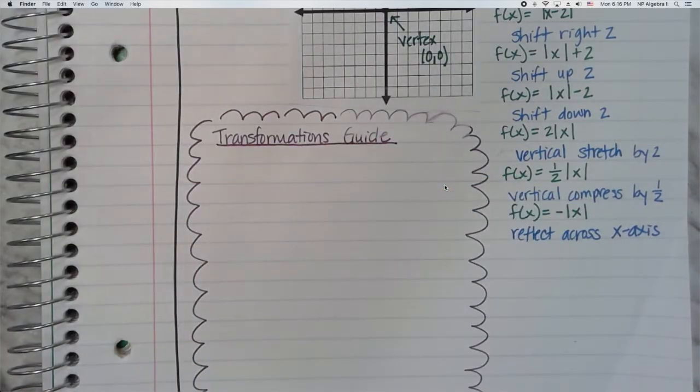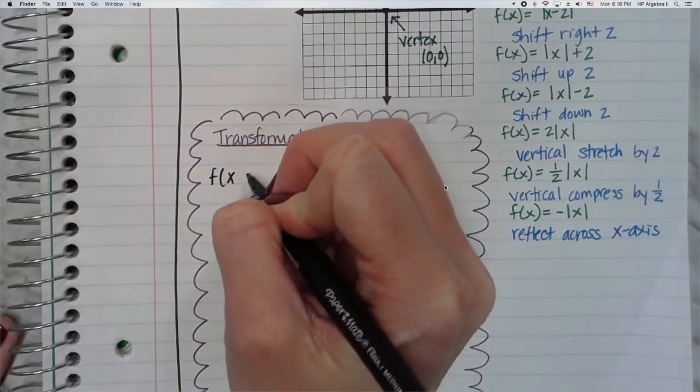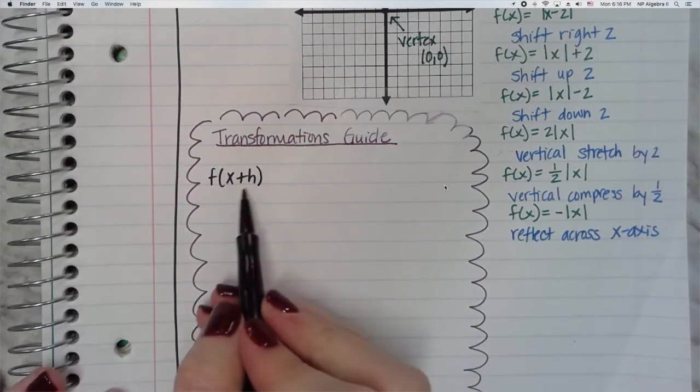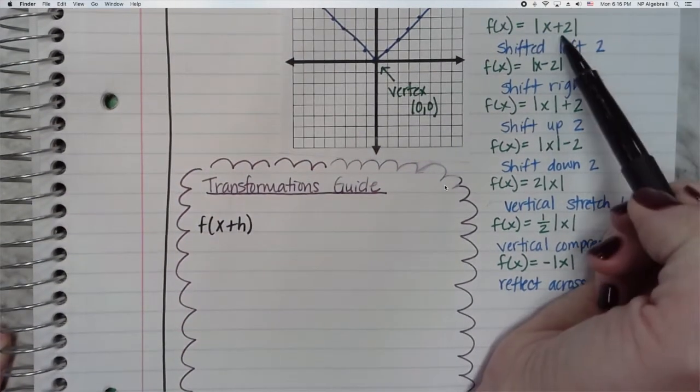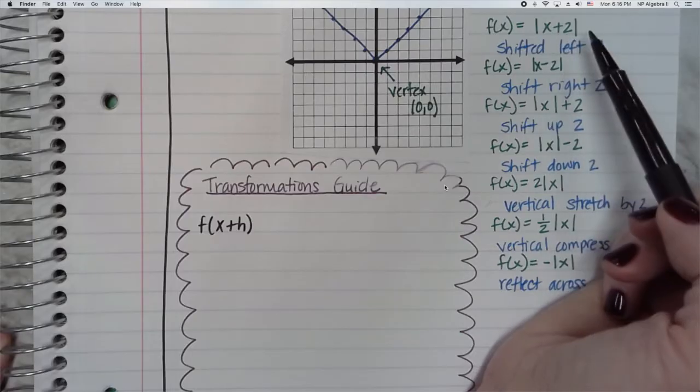Okay. Let's say I have a function f of x plus h. All that means is inside my operator, so inside, for example, this absolute value, we have something being added. So this would be my f of x plus h right here.